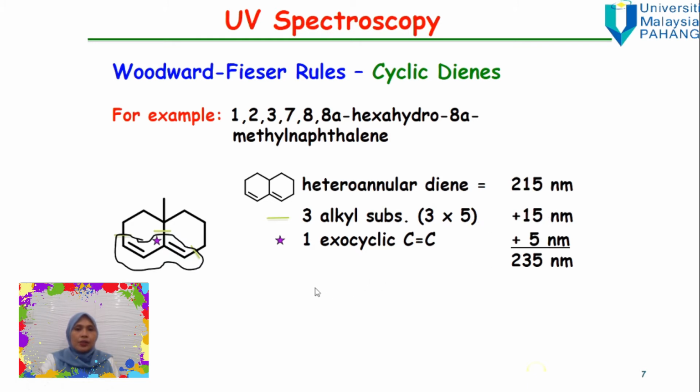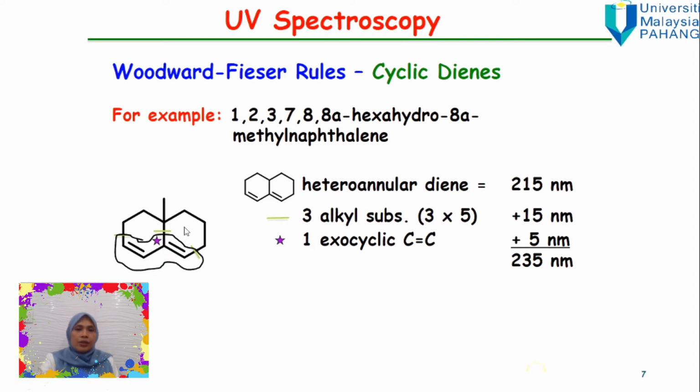So next we see whether they have extended conjugation or exocyclic. Let's see the exocyclic, is it present? You close this ring with your hand, and you see outside this ring whether they have a double bond or not. On the east side, in this ring they have one double bond here, so it is considered as one exocyclic.